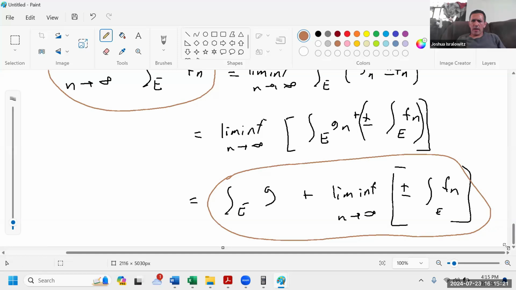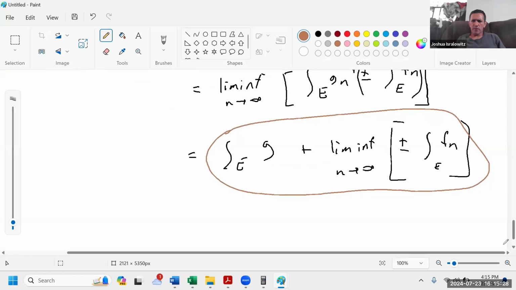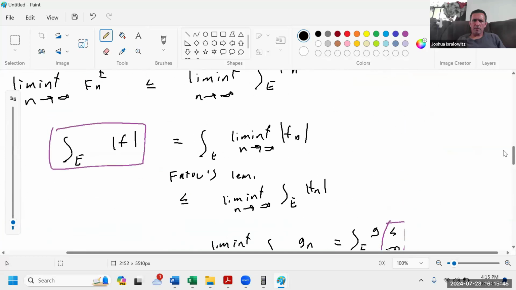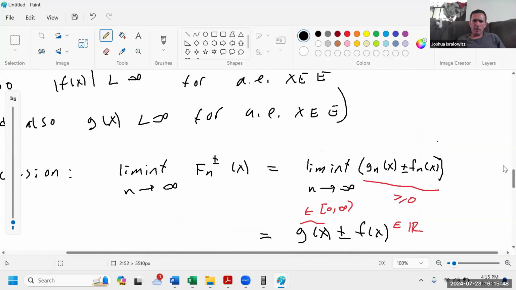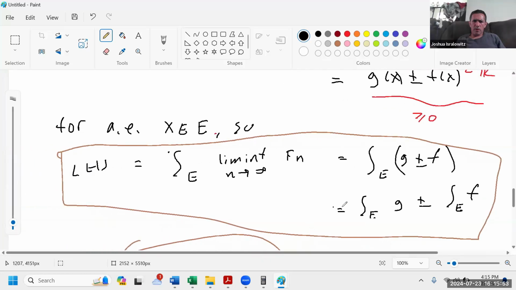All right, so now we are almost done. So plus, all right, so this is the left-hand side.